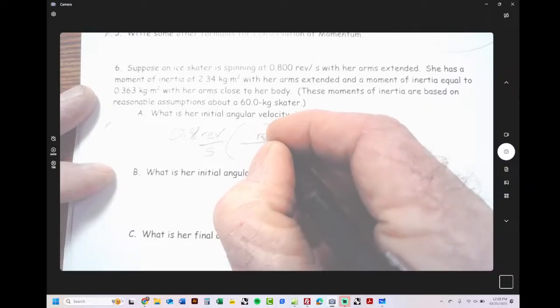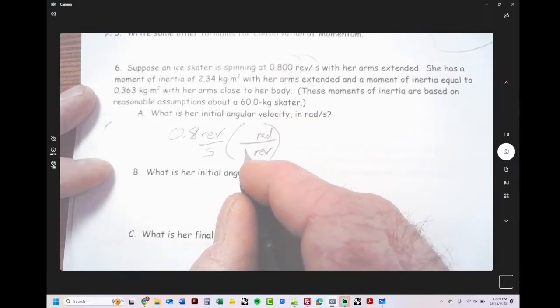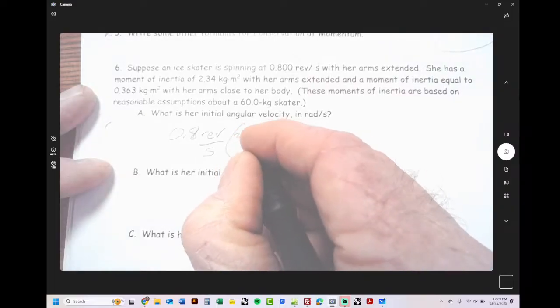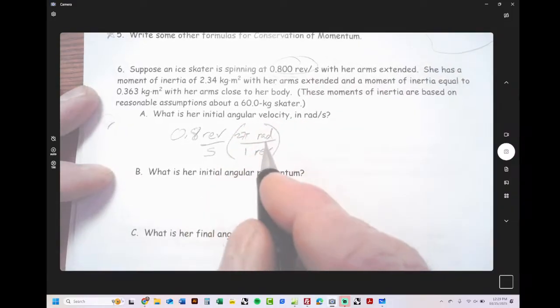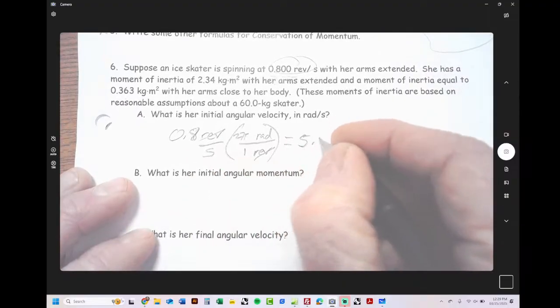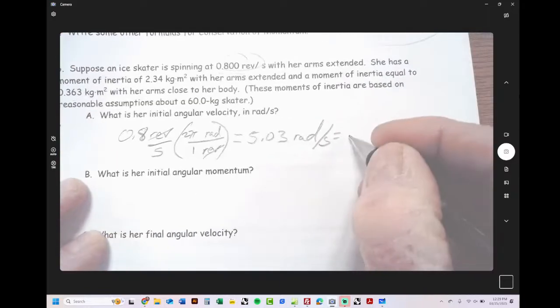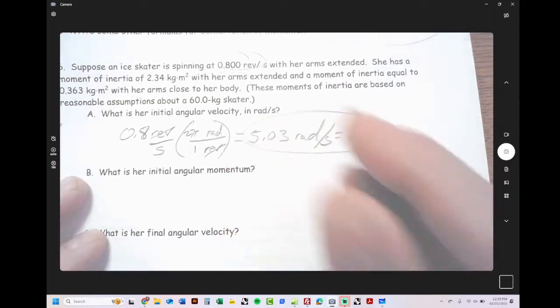So I want radians, and I need to cancel out revolutions. 1 revolution is 2 pi radians. So revolutions goes away, and we get 5.03 radians per second. That's lowercase omega.